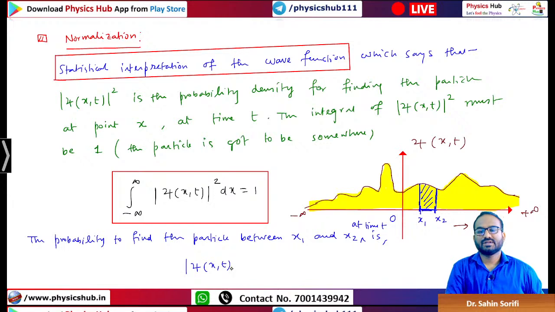You have to take the integration of the probability density between x1 and x2.